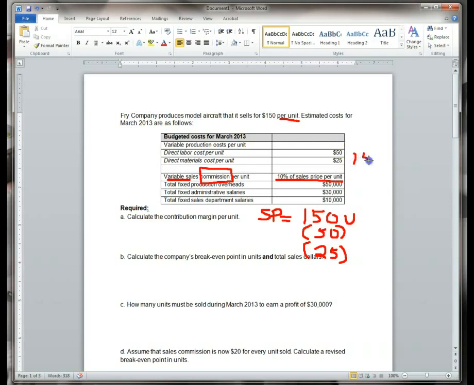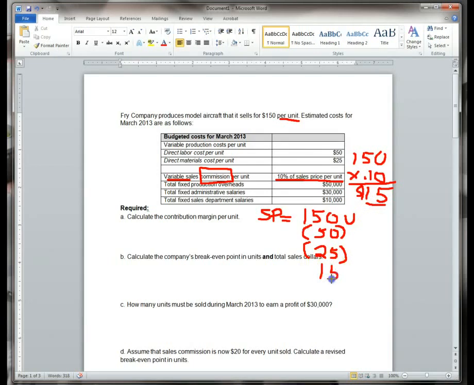We know you have $150 times 0.10, which should, hopefully, if I'm doing this right, mean a $15 sales commission. So every time something's sold, there's a $15 commission, which is great if you're the salesperson. If you're the company, that's a cost.